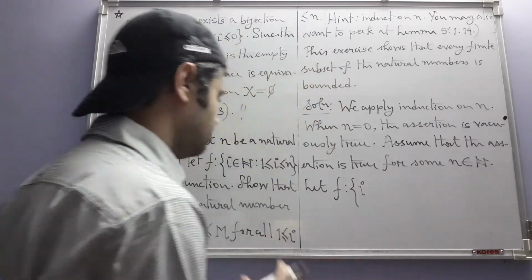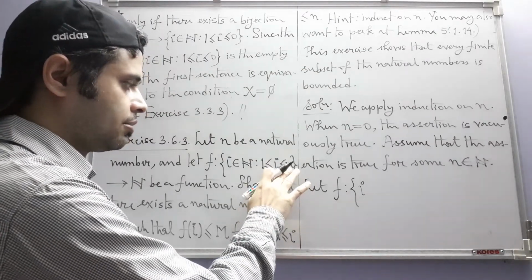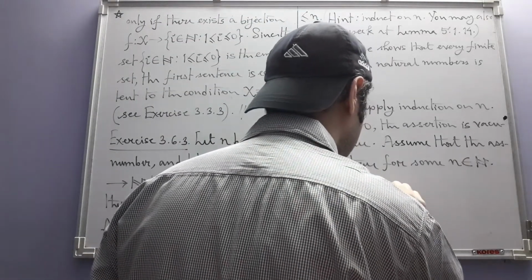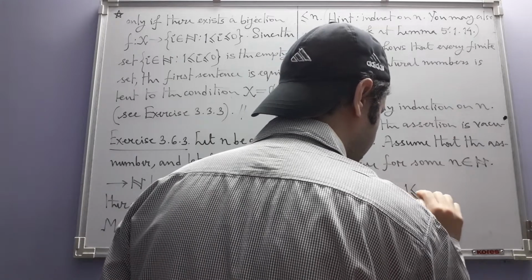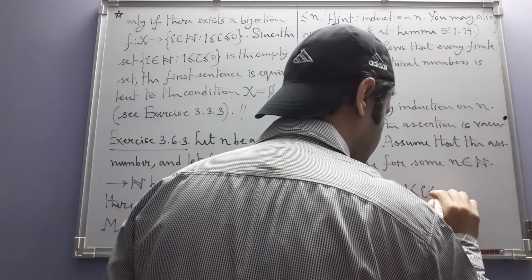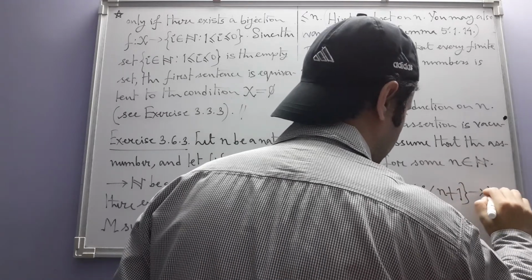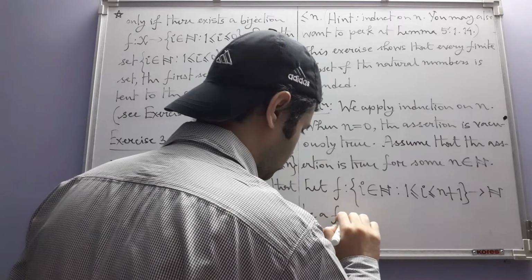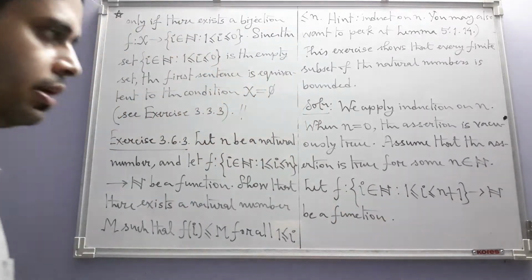We now have to consider the assertion in the case where we have n plus 1 in place of n. So we consider a function that looks like this. Let this be a function.